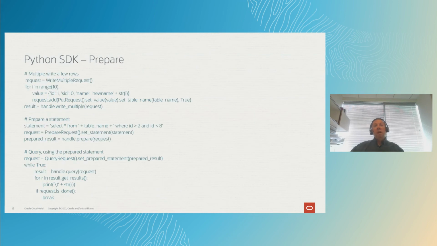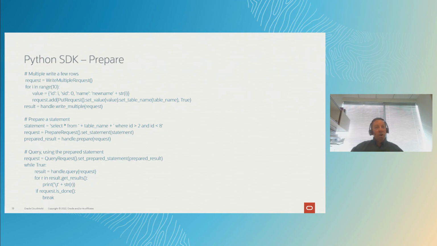Finally, the top example is showing a multiple write request. The beauty of the multiple write request is you could stick multiple requests into an array, and then with the write multiple API, you can have all of those trigger on the back end, on the server side. So it reduces the back and forth from the client to the server.